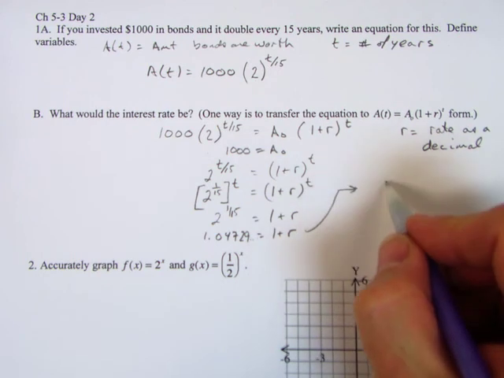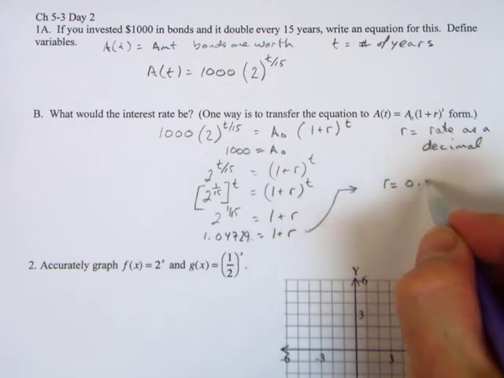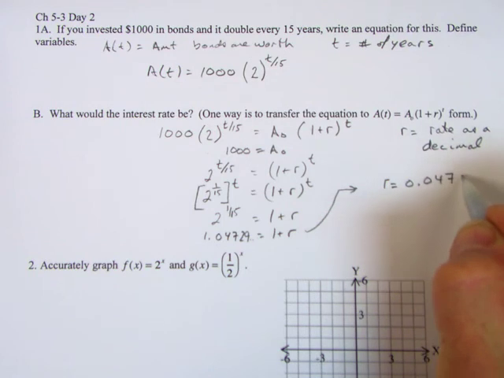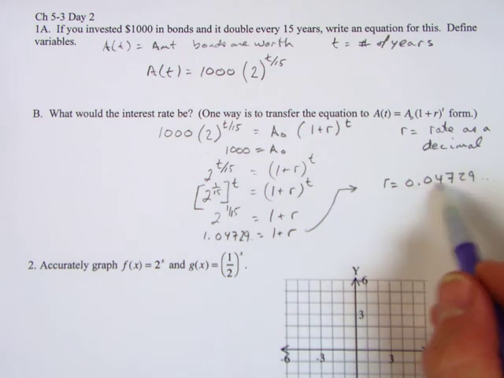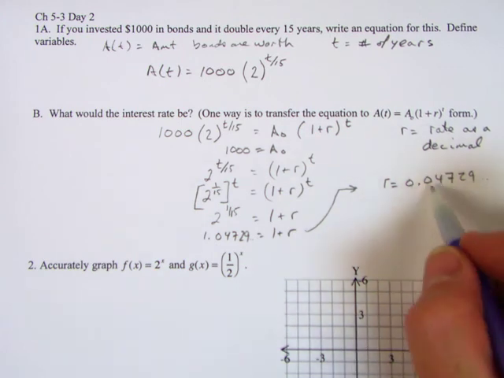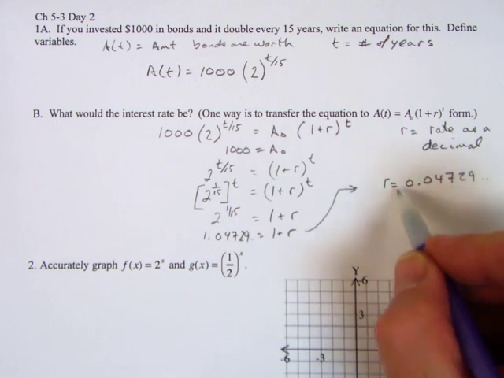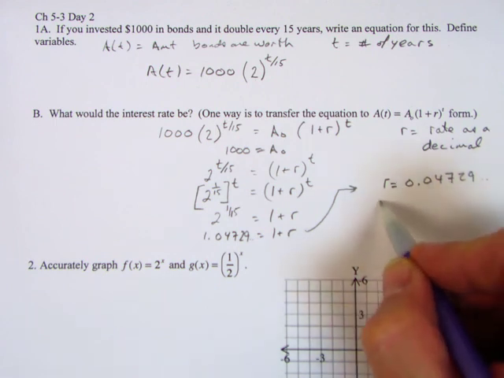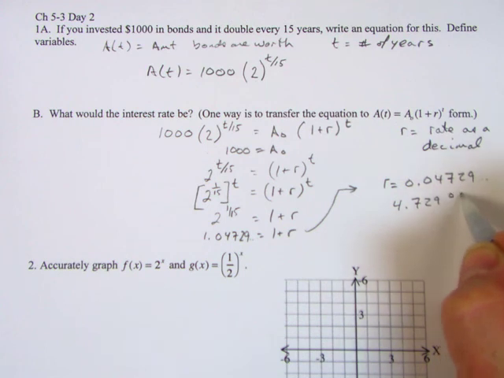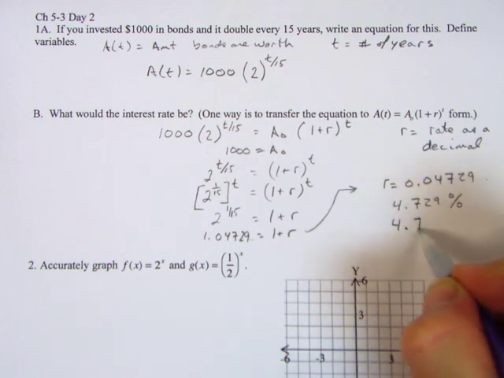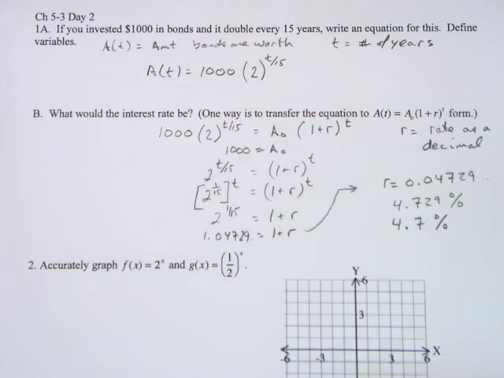So in other words, r equals 0.04729, etc. Now, if I tell you to round the rate to the nearest tenth, we don't look at this form. We have to first find the rate. This is a decimal, so what is that as a percentage? We multiply by 100, so it is 4.729%. Now I'm going to round it to the first decimal place, so 4.7%.